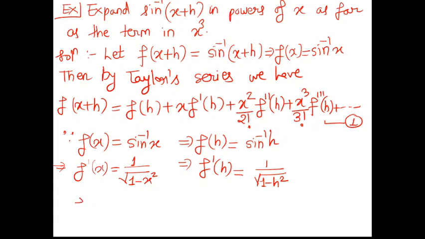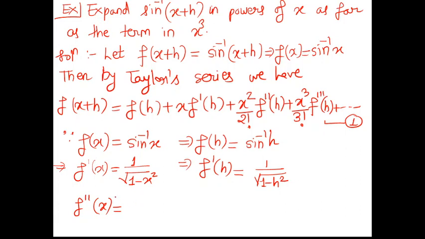Then let's find out second derivative, f double dash of x. So what will be derivative of 1 upon under root of 1 minus x square? So we will write this 1 upon under root of 1 minus x square as 1 minus x square to the power minus half. So on simplification of that, what you will get?